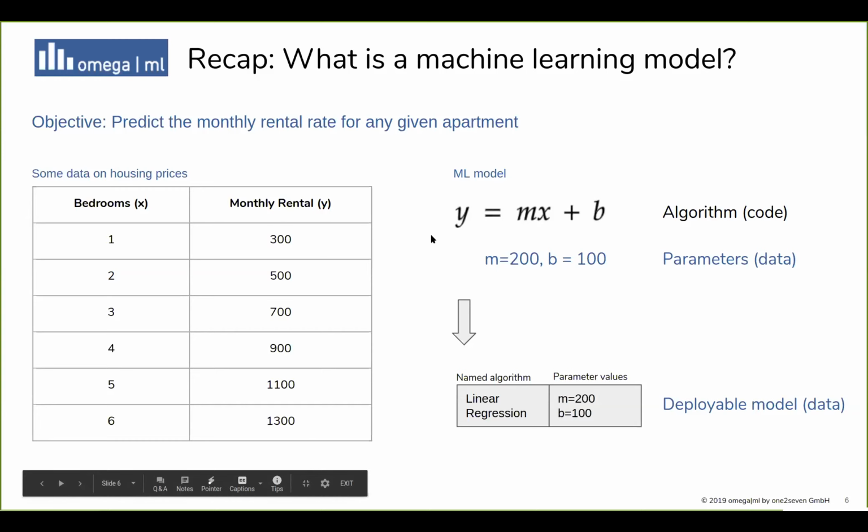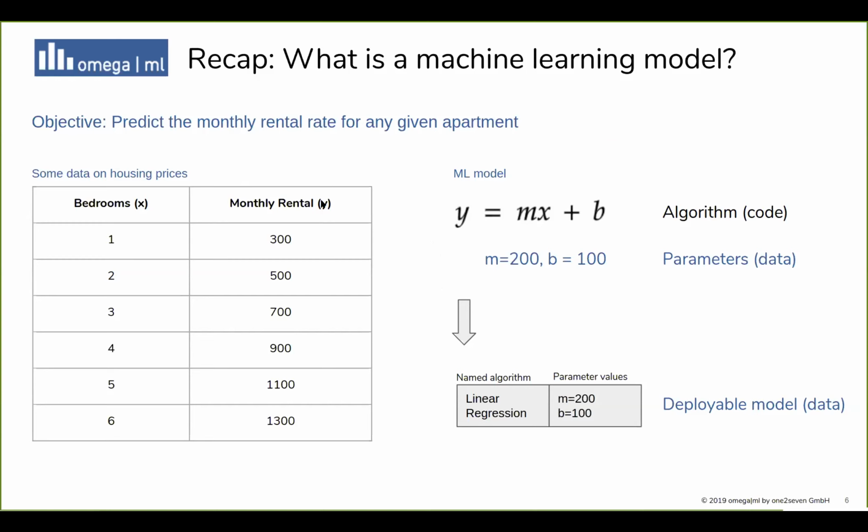And I'm choosing this model with just one feature and one target value just for illustration. The model is represented in the linear regression formula, and you have two parameters that the model will learn, right? You have M, in this case, using this data, we have 200 as M and B as the intercept with 100, and you can verify that this model will perform perfectly given this data.